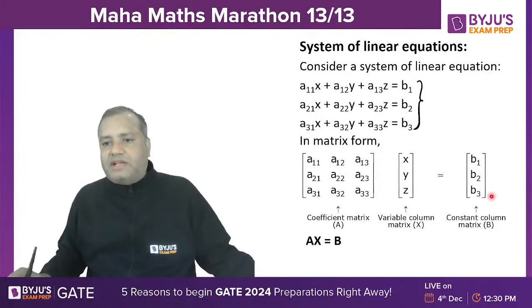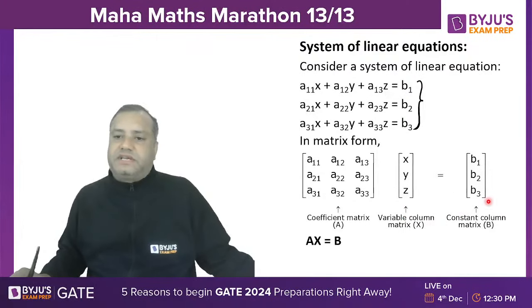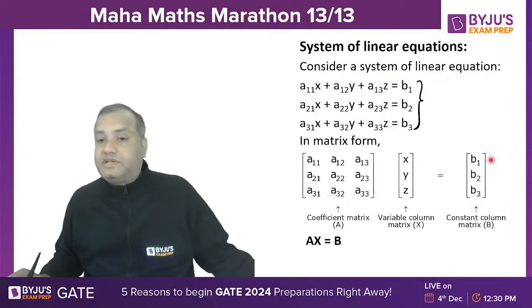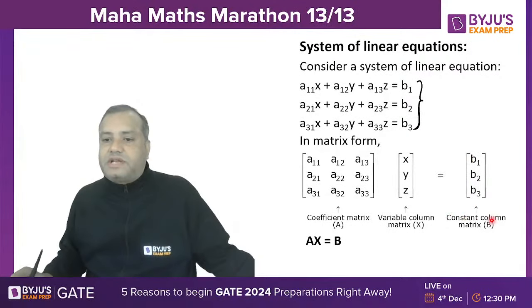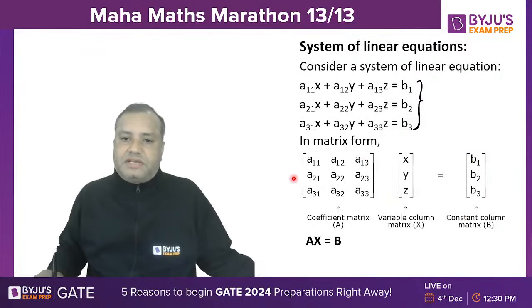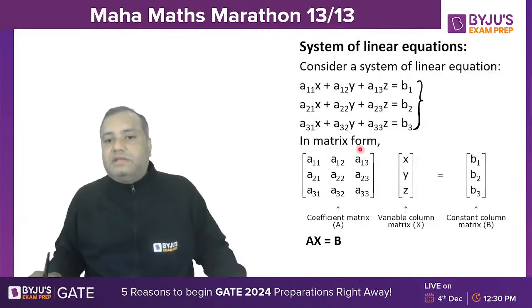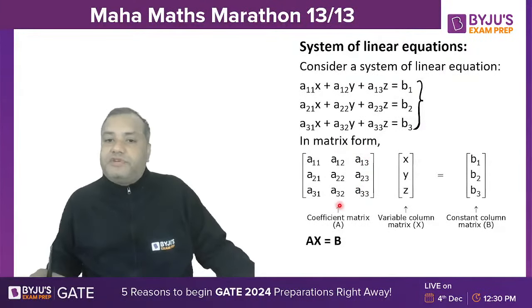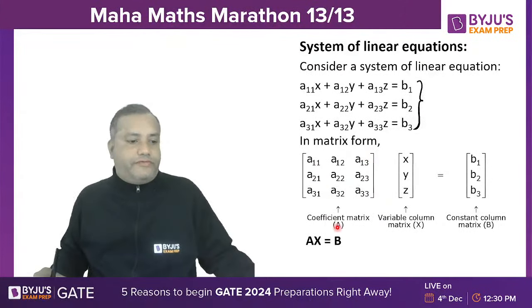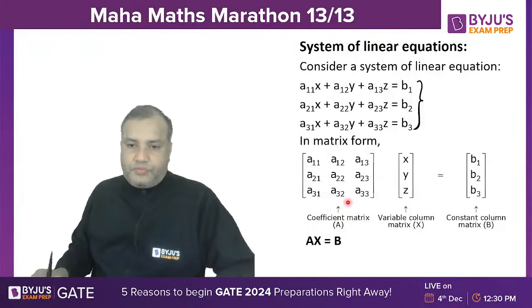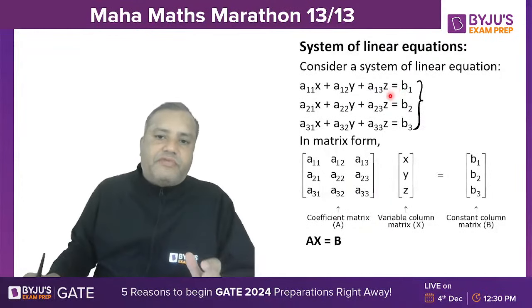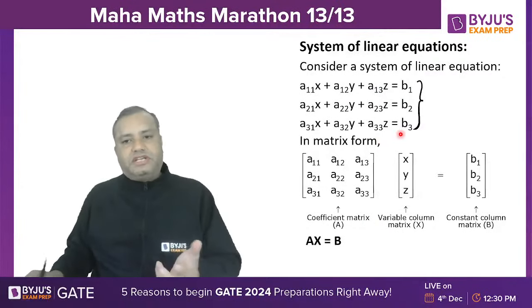This column matrix containing the constants is called the constant column matrix. And this matrix, which can be rectangular as well, containing the coefficients of the variables is called the coefficient matrix.